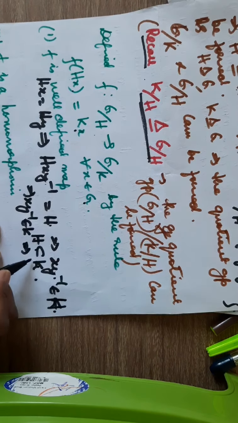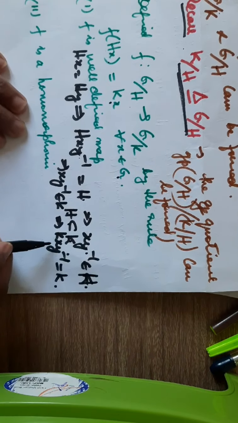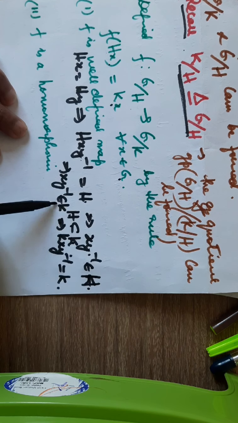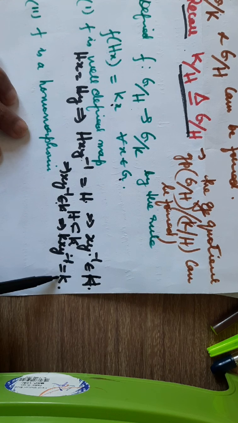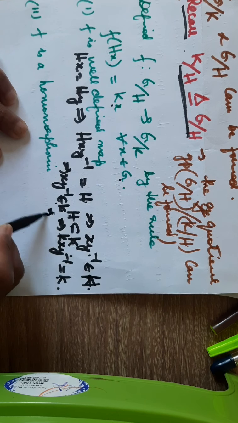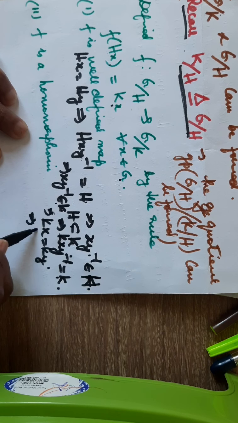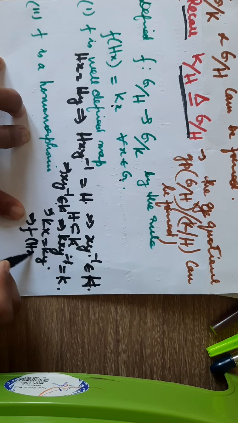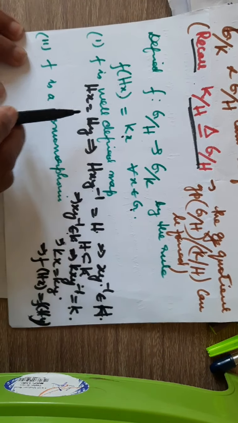Which means that Kxy^(-1) = K. This is by the theorem on a subgroup of a group: if xy^(-1) belongs to the subgroup, then Kxy^(-1) will be equal to K, which means that Kx will be equal to Ky. What is Kx by definition of F? It is F(Hx) = F(Hy). So this implies that F is well defined.